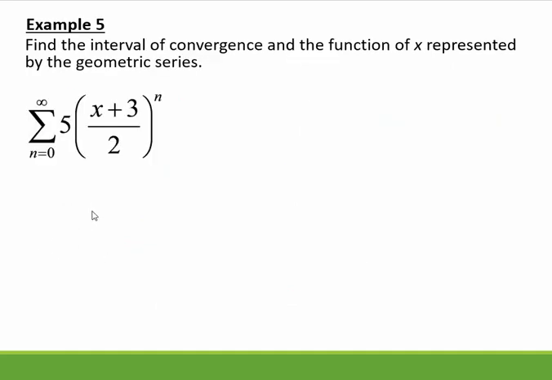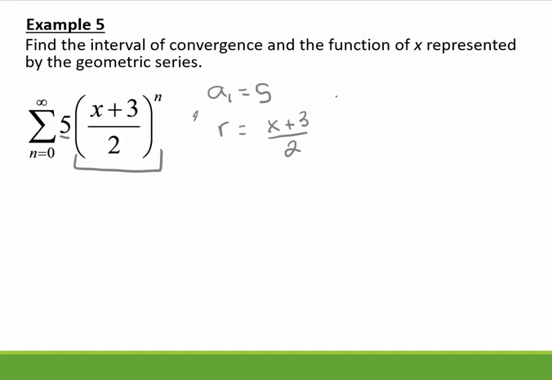So this is where that interval of convergence comes in. You see here that I have 5 times something. So if I were to plug in n equals 0, our first term would be 5. And then I would just keep multiplying by this x plus 3. So our ratio is x plus 3 over 2.